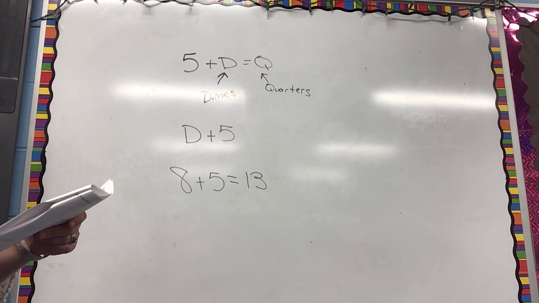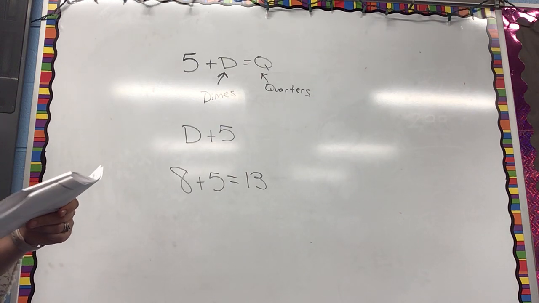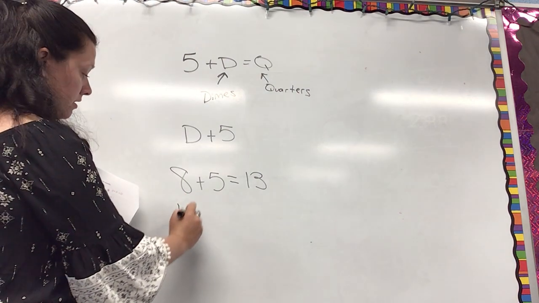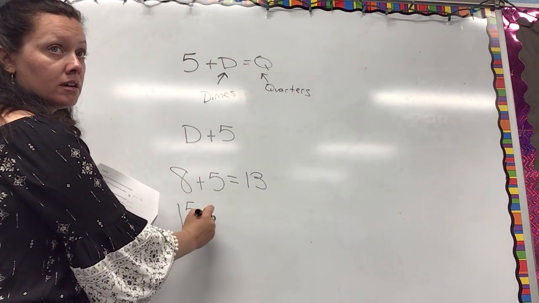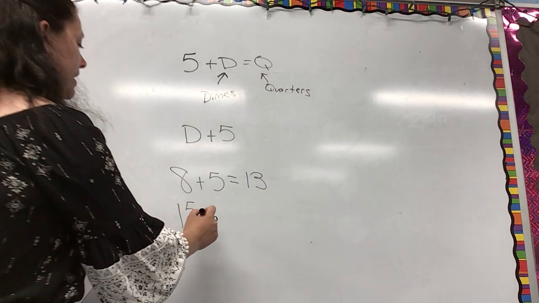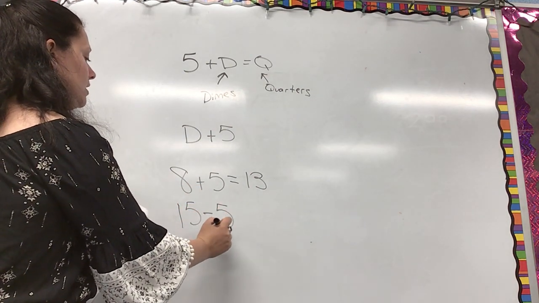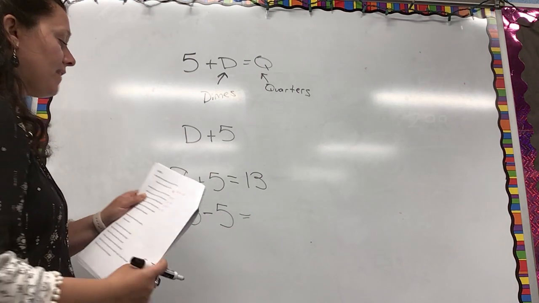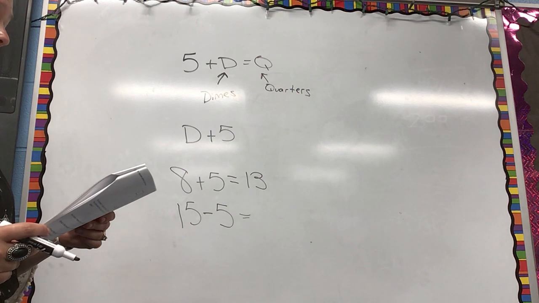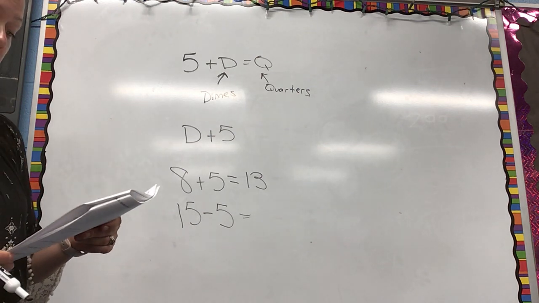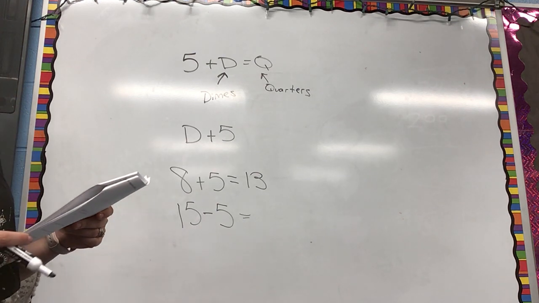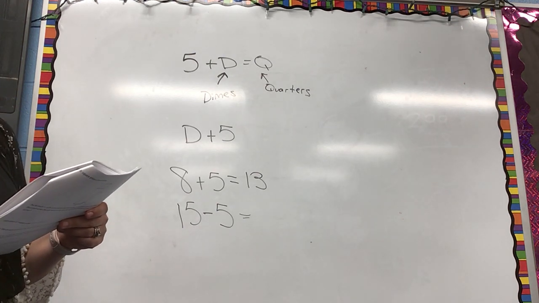The next one, she has 15 quarters. How many dimes does she have? What is my expression, Justice? Say it louder. Yeah, 15 minus 5. She has 15 quarters and she always has 5 less of those dimes. She has D dimes. How many quarters does she have? And we actually used this expression once already.